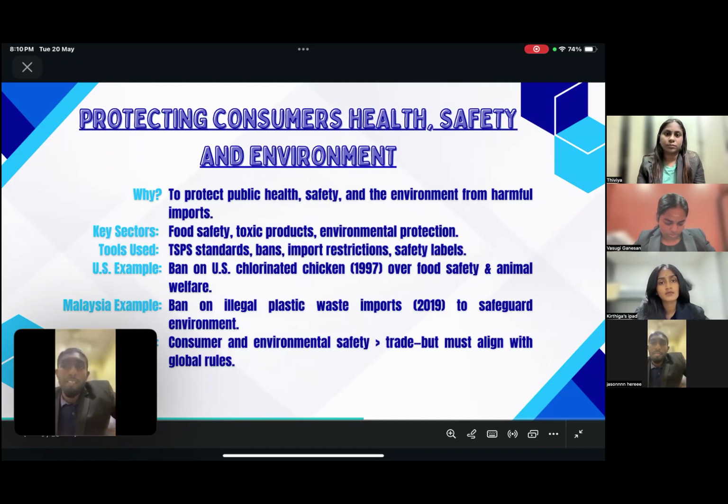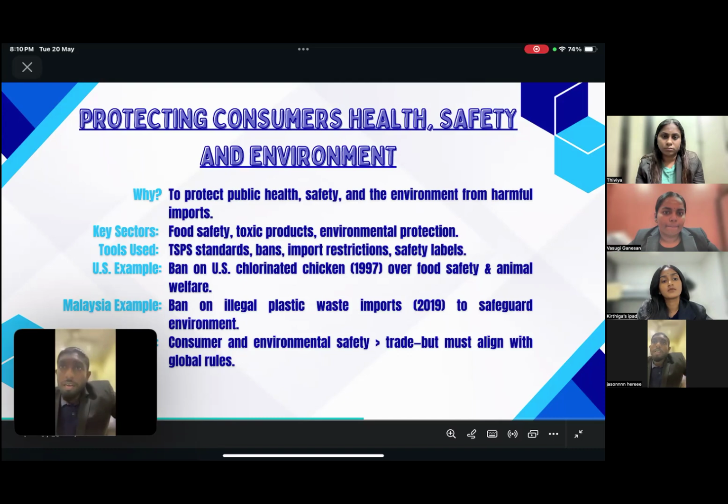Without these regulations, countries could face risks from contaminated food, hazardous chemicals, substandard products, and non-recyclable waste. Such risks can have long-term consequences for individuals, ecosystems, and public trust. Therefore, regulation is necessary to uphold product safety and prevent environmental degradation.